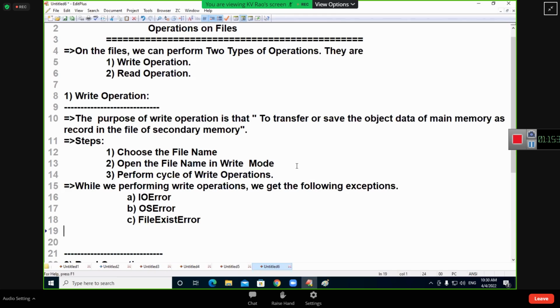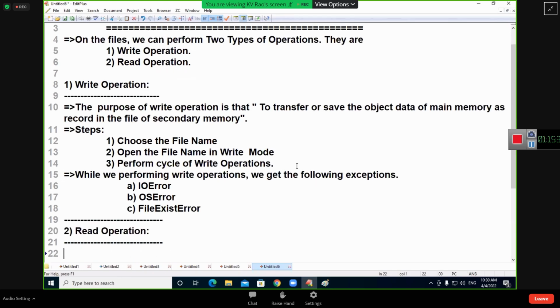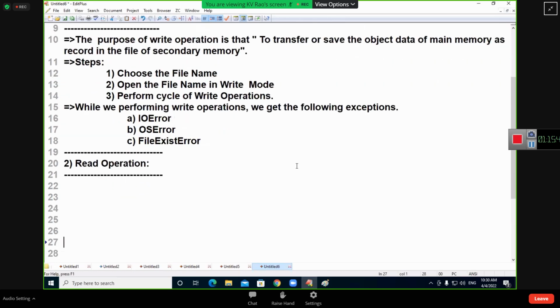Fine. Coming to the next operation, the read operation. What is the use of read operation? Reading from where to where? From the file of secondary memory into the object of main memory. The purpose of read operation is that I am going to write it here.